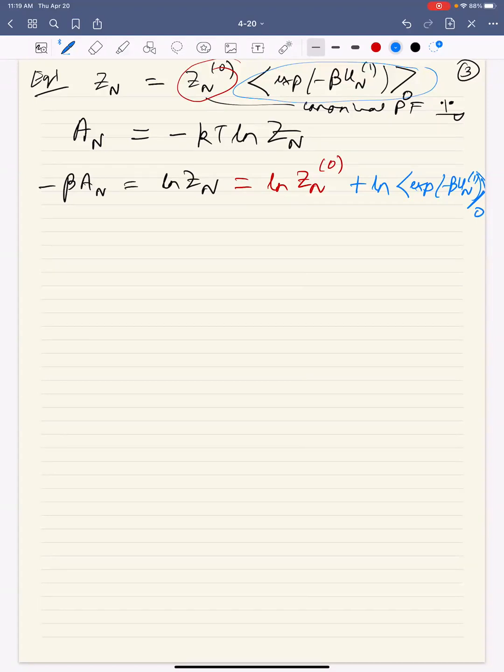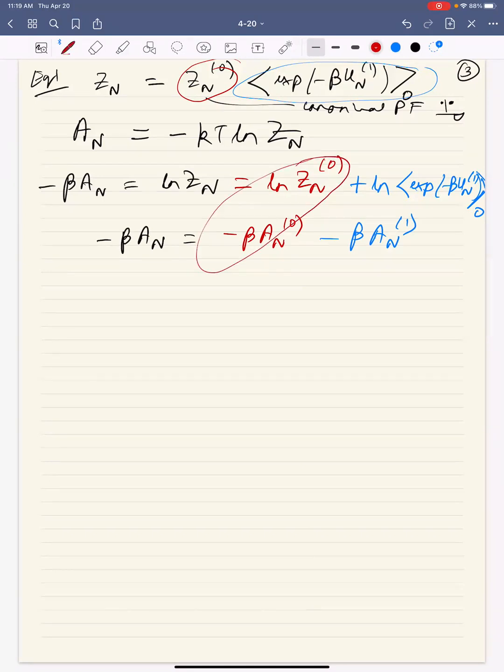So let's give them a name. What we are doing here is to say minus beta AN is equal to minus beta AN0 minus beta AN1. Makes sense, right? AN1 is just renaming, it's just branding.